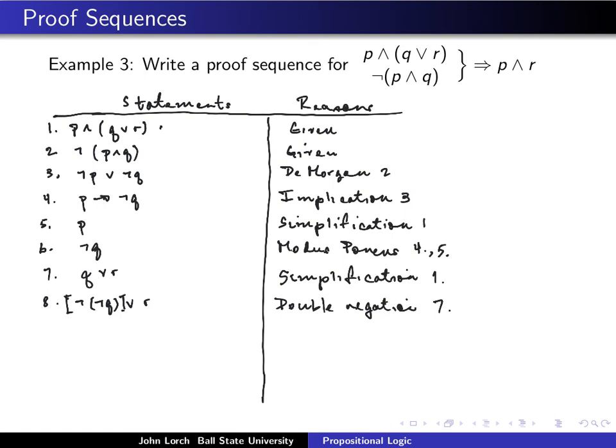And then we can use our implication equivalence rule again to say that this is the same as if not Q, then R. So that's implication in 8.